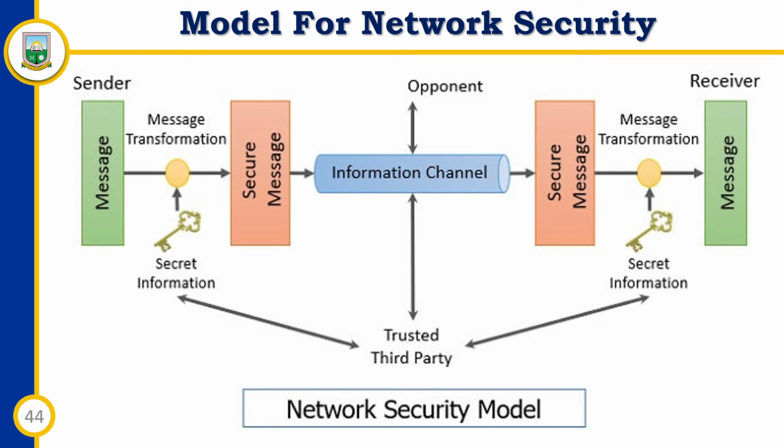So these are the four basic tasks we have to deal with to securely send information from the sender to the recipient without the opponent having access or eavesdropping on the information that we send.